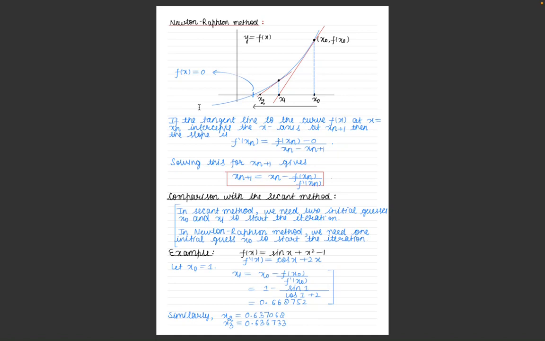Now we have already seen this example in the secant method, so recall that the exact root of f is approximately equal to 0.636733.